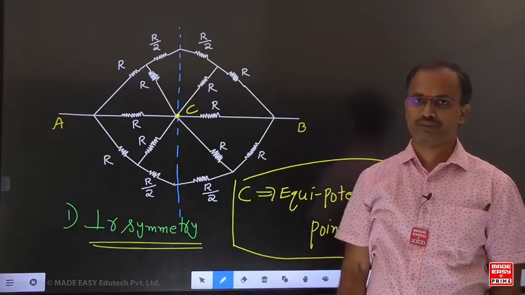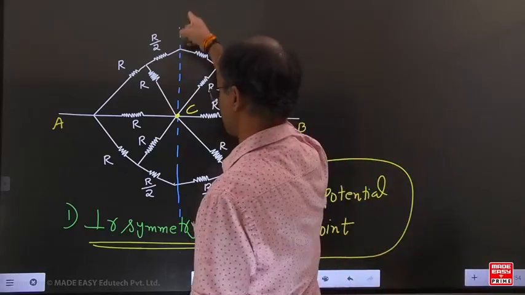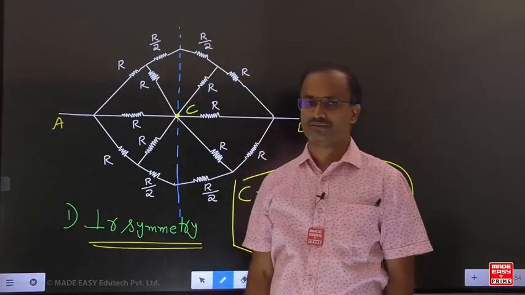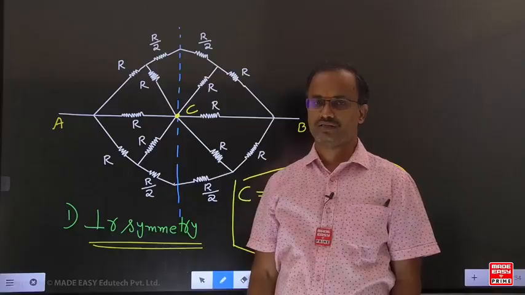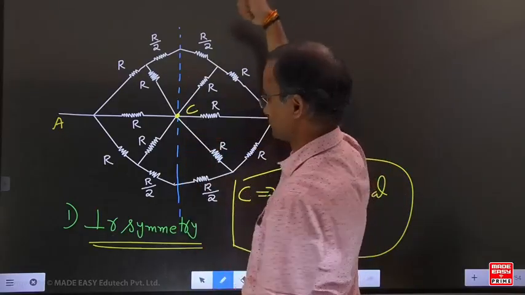See, how is the dotted line shown here? Along which axis? Y axis. Along the y axis, this equipotential point is disconnected along the dotted lines.